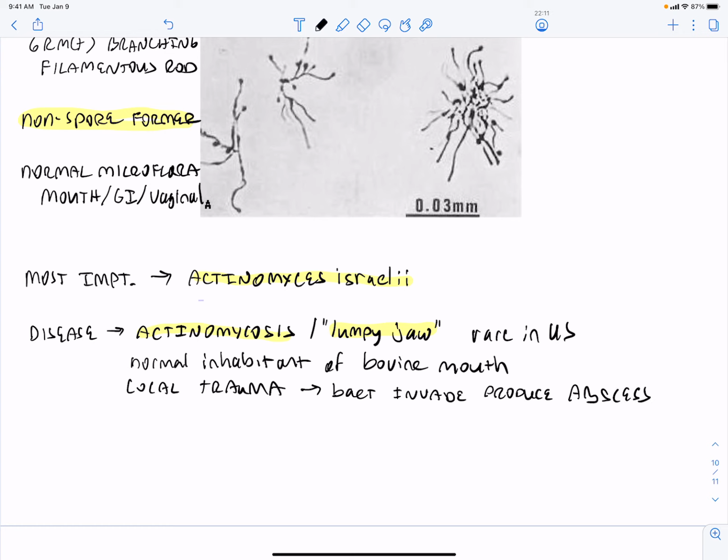Usually this is going to be a mixed infection, with your israelii and a facultative bacterium, for example.